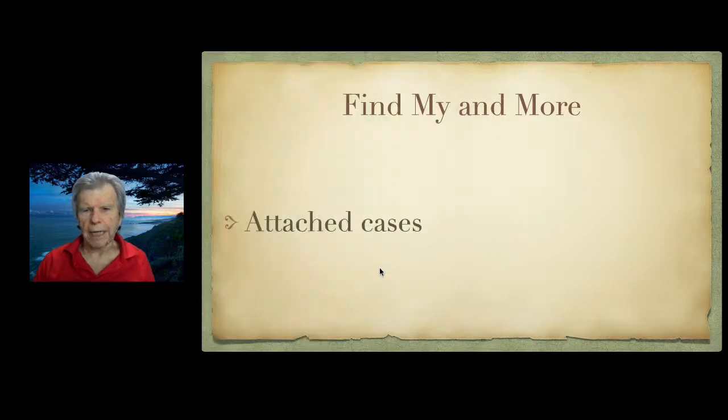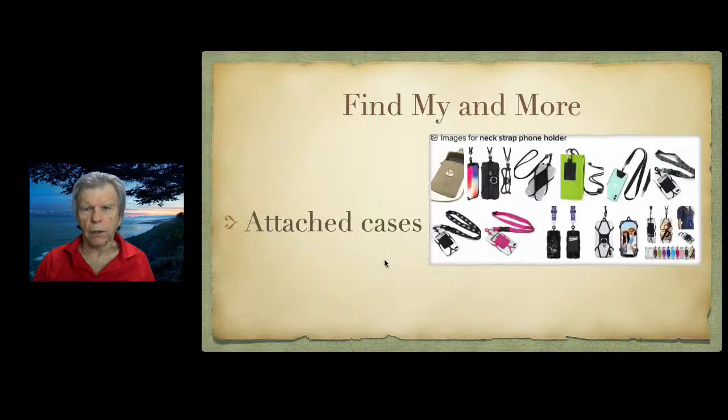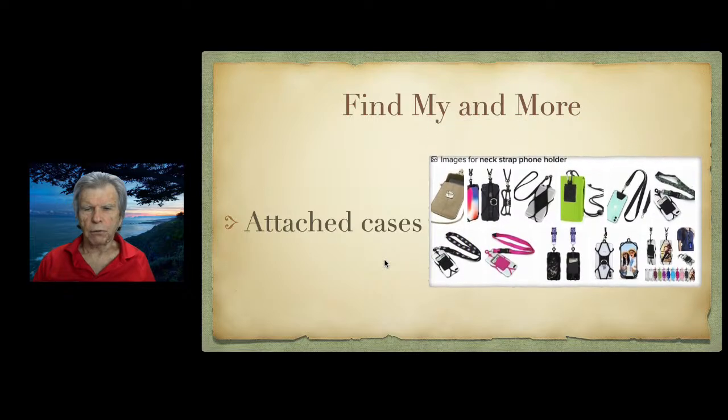Okay, attached cases. So here's some examples of some attached cases. Now, I would not recommend the one that is the pouch here. So a couple of these are kind of wallet type cases. Get these other types that actually secure the iPhone to a lanyard that you put around your neck. So, for example, I just happen to have one right here.